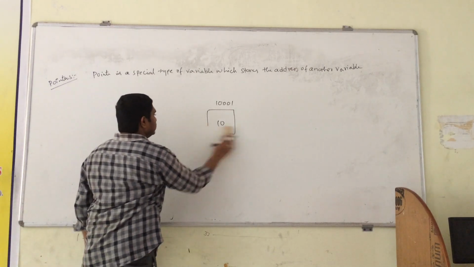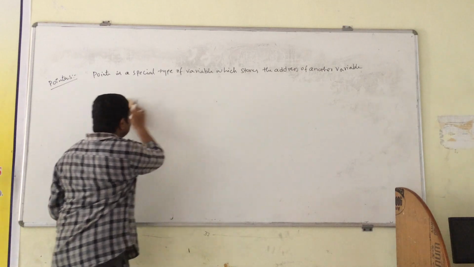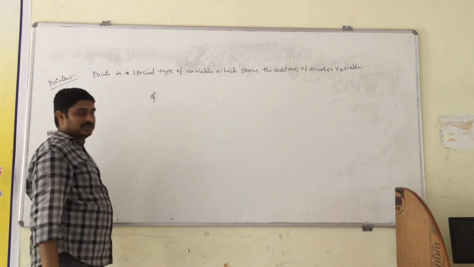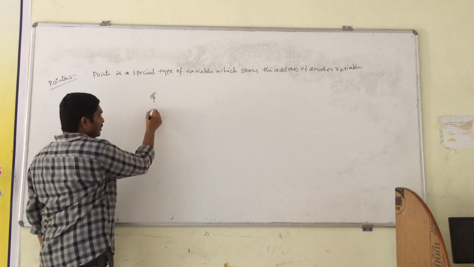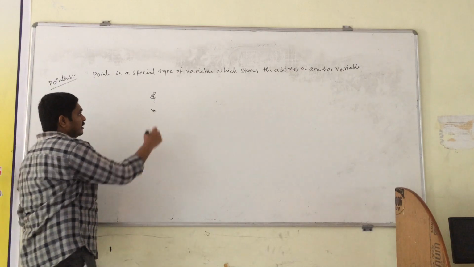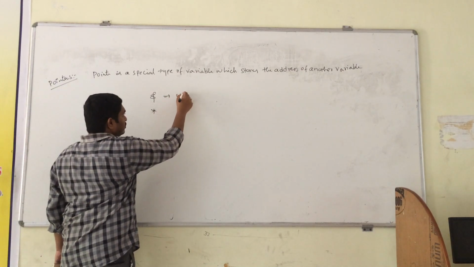To store the address we use the ampersand symbol, and to represent the pointer we use the asterisk symbol.